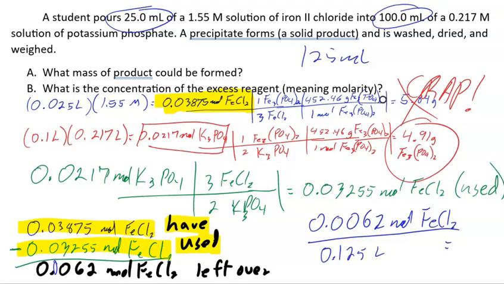And this molarity will come out as 0.050 molar FeCl2. We lost a sig fig when we subtracted, and that's okay. That is our answer: 0.050 molar of iron 2 chloride.